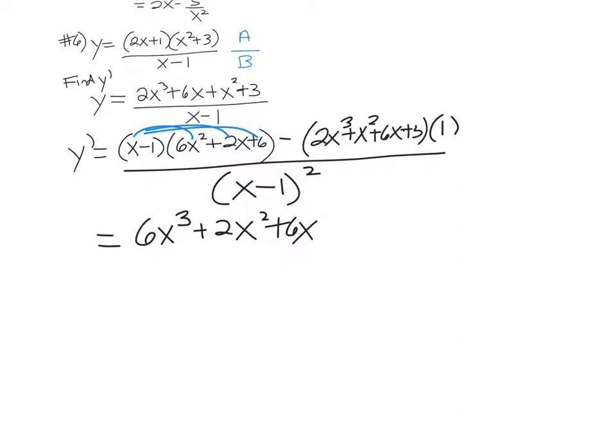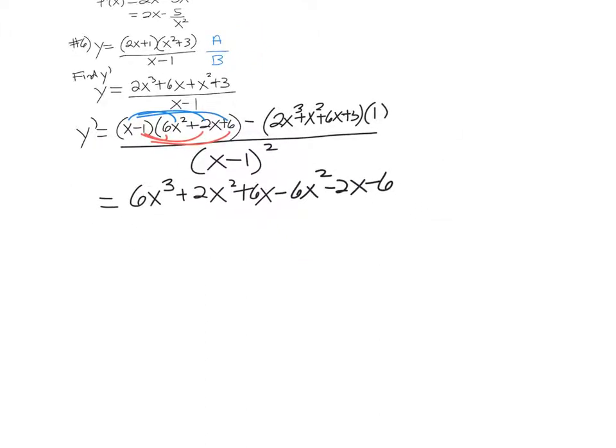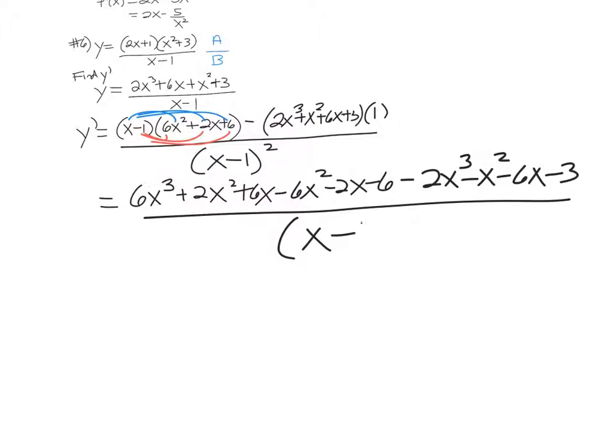Now take the negative 1 and do the same thing. Distribute to all of those to get negative 6x squared minus 2x minus 6. The nice thing over here is that's just times 1, but everybody's going to get a minus. So minus 2x cubed minus x squared minus 6x minus 3 all over x minus 1 squared. And you never need to FOIL this out on the bottom. Just leave it as x minus 1 squared.